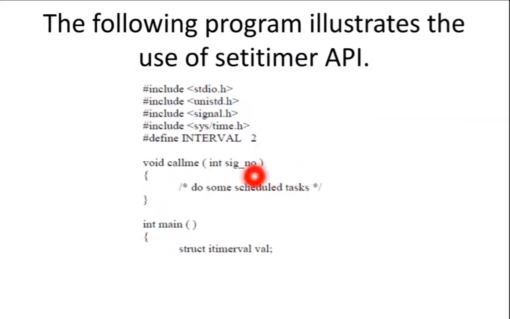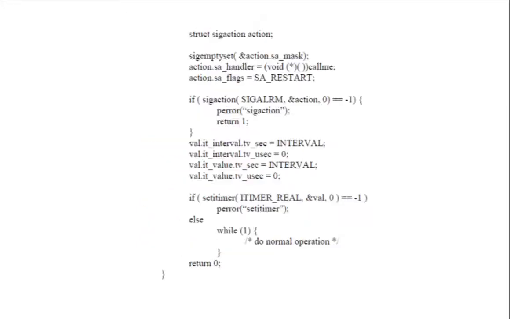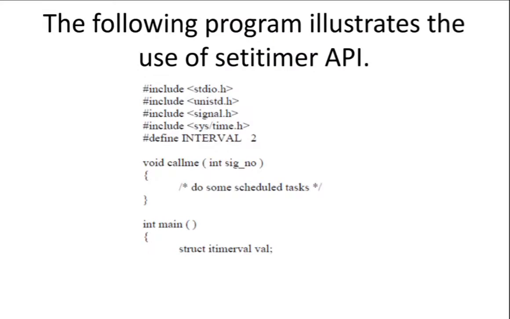So how are we handling this timer expiration? Here you are using the call me function to catch the timer expiration. When the timer expires, you are going to call the call me function. You have specified the function in the handler. Whenever the signal is raised, either using set timer or alarm API, this function will be called.